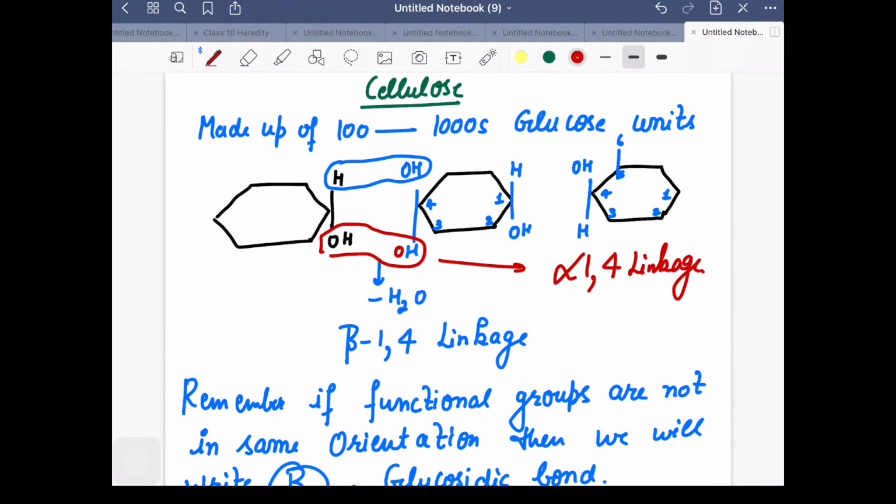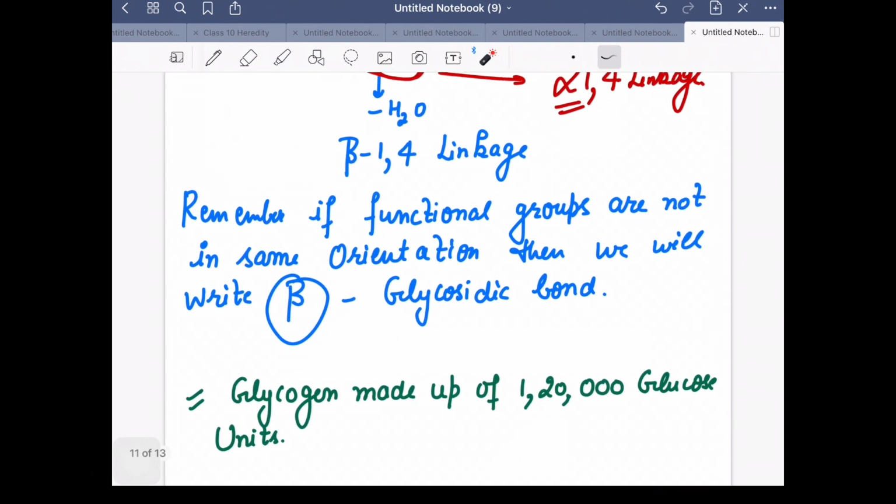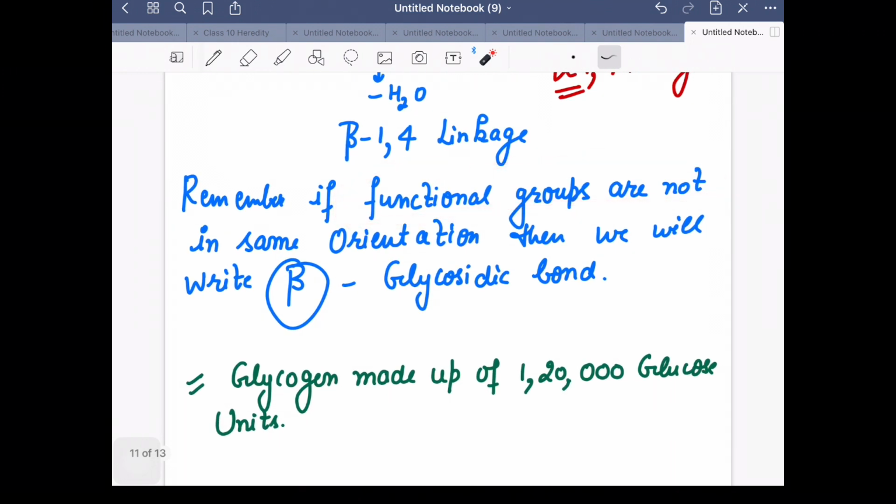Basically, if both functional groups are on the same side, in the same orientation, we will use alpha. Otherwise we use beta. So if functional groups are not in the same orientation, then the linkage will be a beta glycosidic linkage.